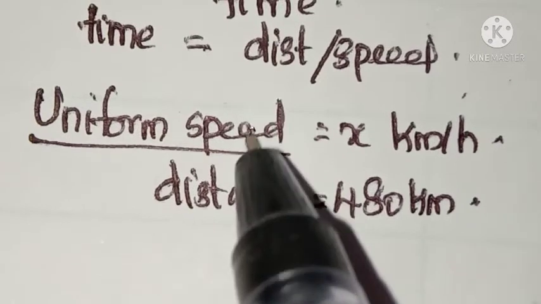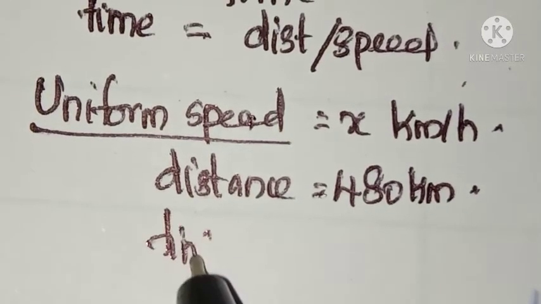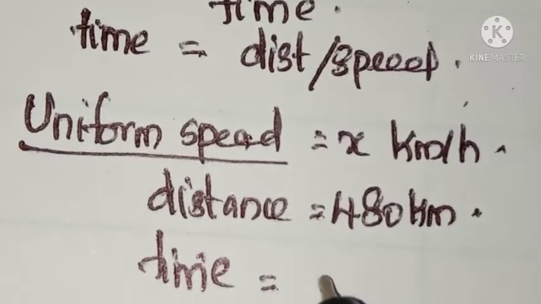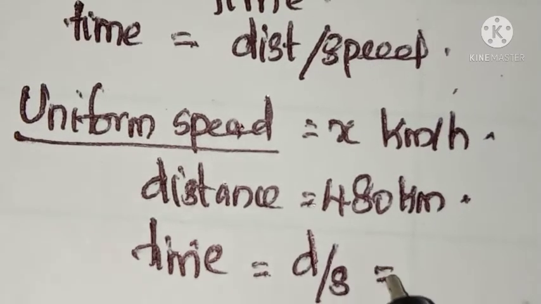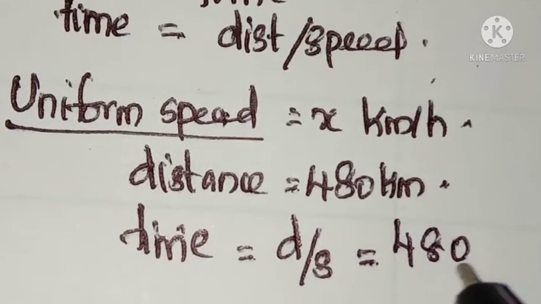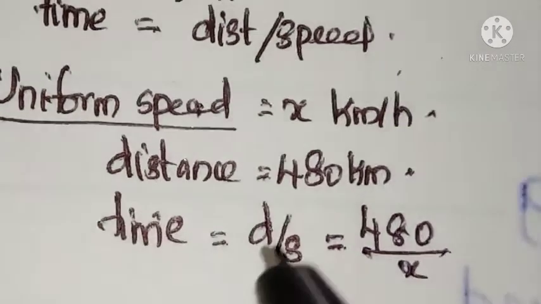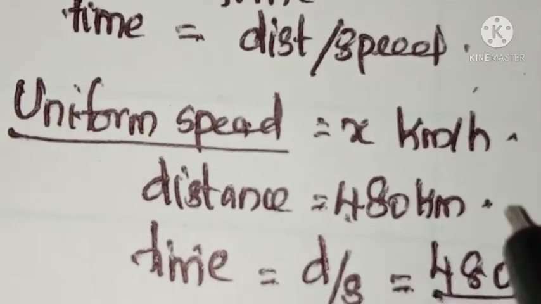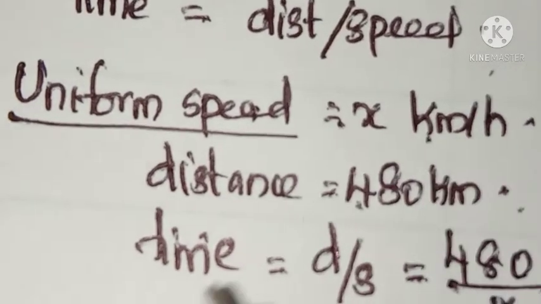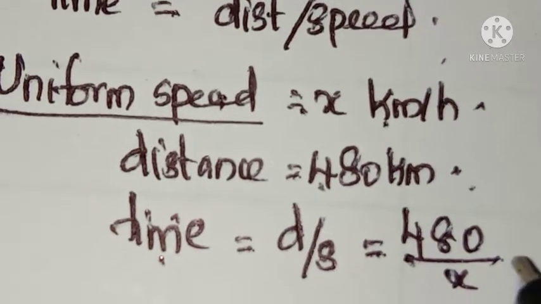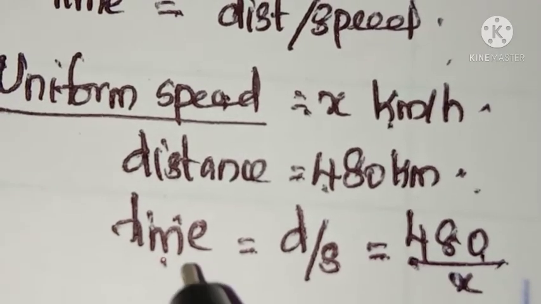So using the speed and distance, we can easily find time. What is time? Distance by speed. Distance is 480, speed is x. So to cover 480 km with a uniform speed, the train takes 480 by x hours. Okay.